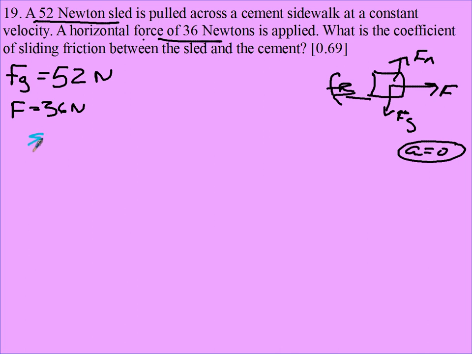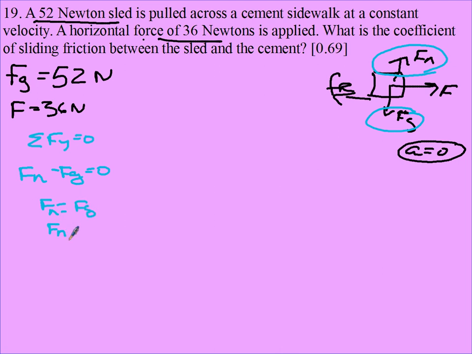So I'm going to sum the forces in y, and this is 0. The forces I have in y: I have Fn going up, so it's Fn minus Fg going down. So Fn equals Fg. So the normal force is equal to 52 newtons.